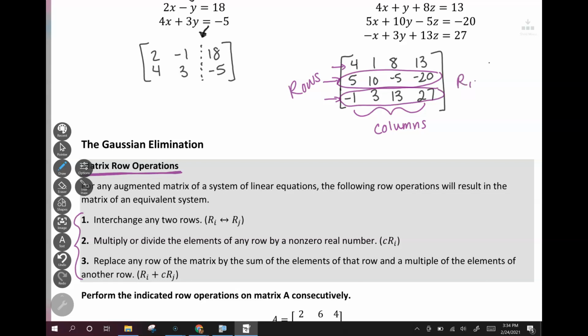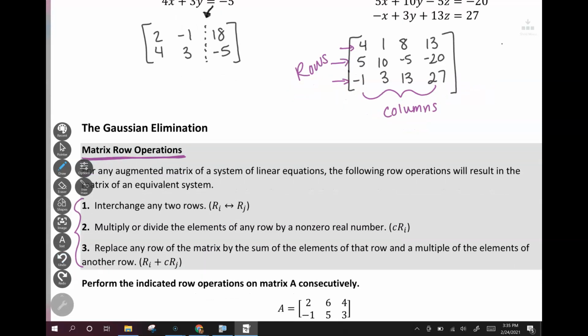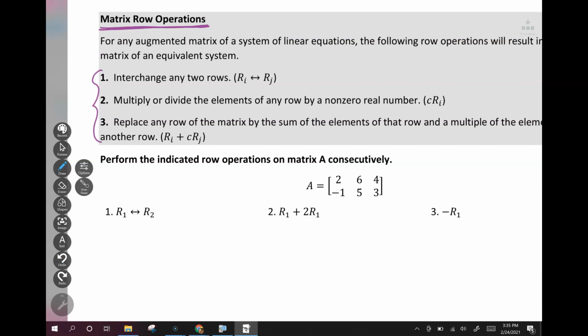I could do row 2 plus 2 of row 3. Or you could just add row 3. You can add rows together. You can also add a multiple of a row to another row, and that will not change the system. Okay, so we can switch rows, we can multiply or divide rows, and then we can add rows.